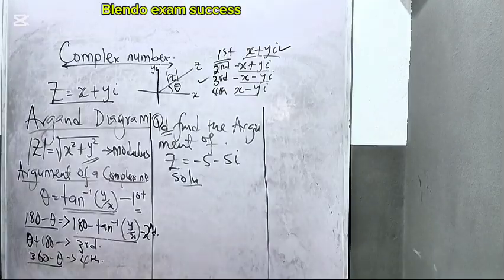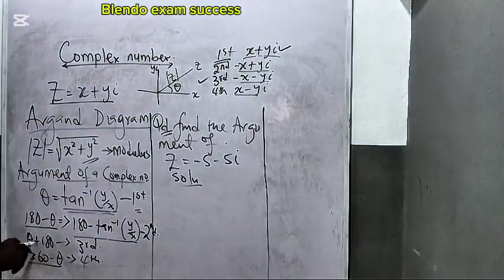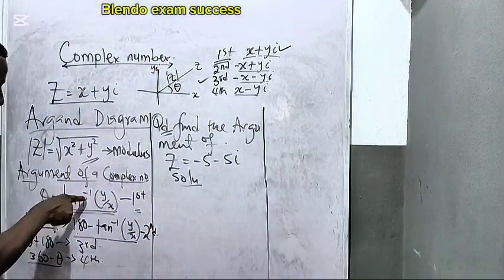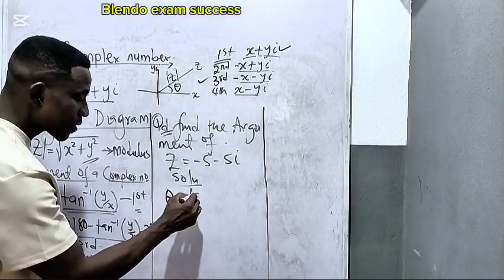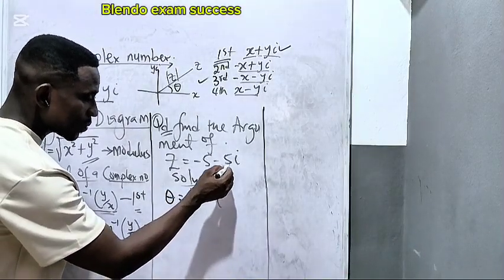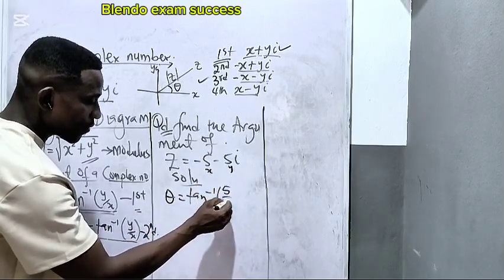And because it's the third quadrant, the argument is theta plus 180. Now what is theta? Theta is tan inverse of y over x. So we get theta first: tan inverse of y over x. This is y and this is x, so 5 over 5.